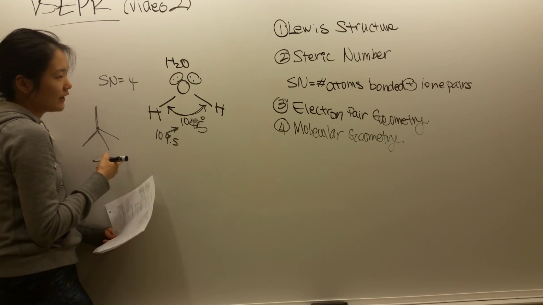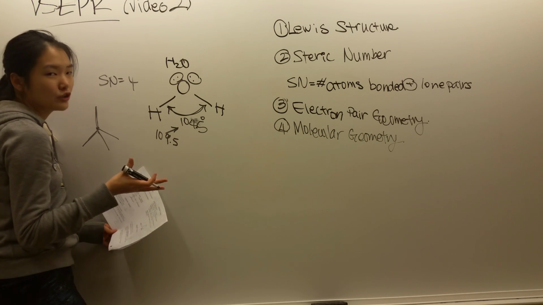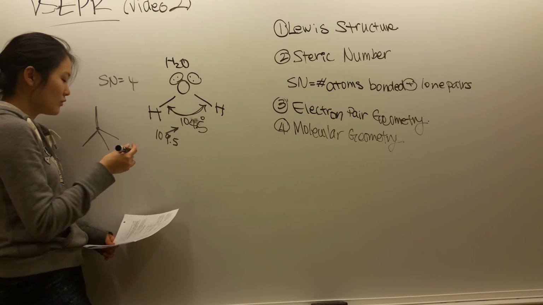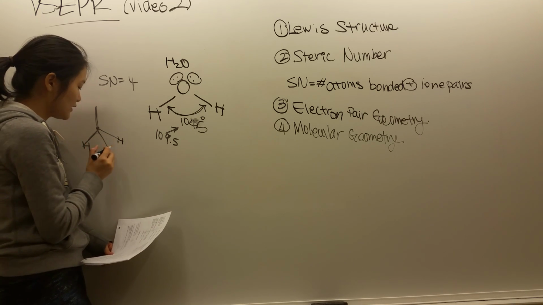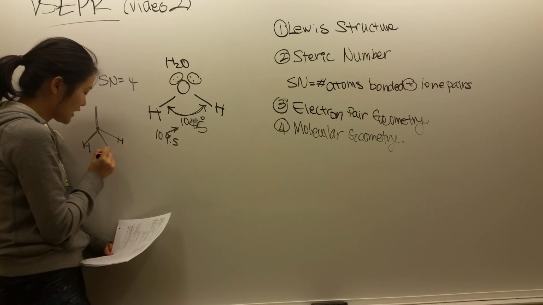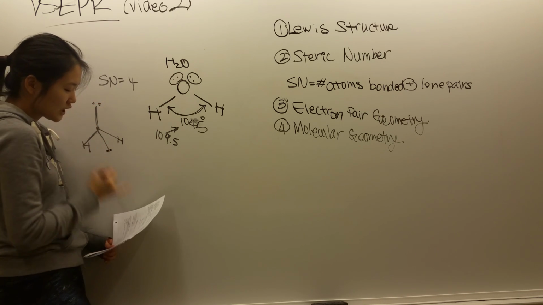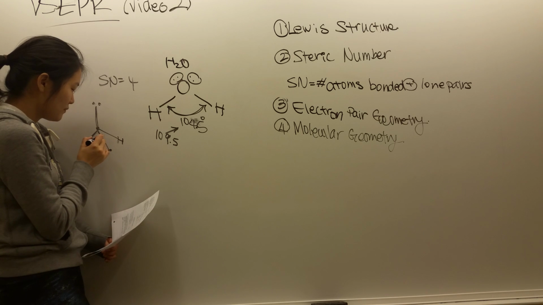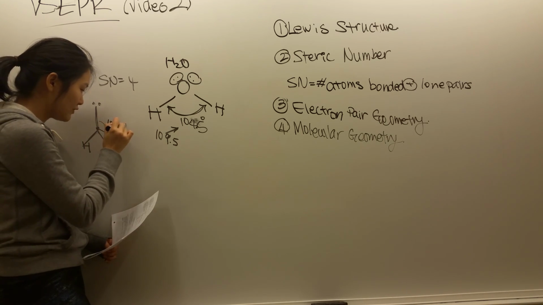They don't have to be lone pairs or hydrogens or atoms. These hydrogens will be here, and your electrons are hanging out here. In a tetrahedral structure, the angles between all of these are supposed to be 109.5.